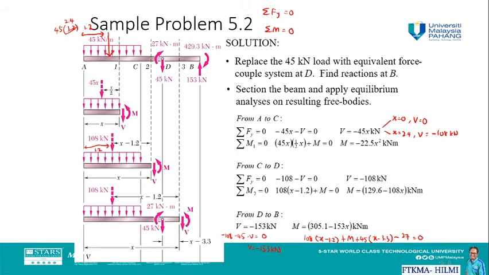If we simplify the equation, we are going to get M equal to 305.1 minus 153x kilonewton meter.